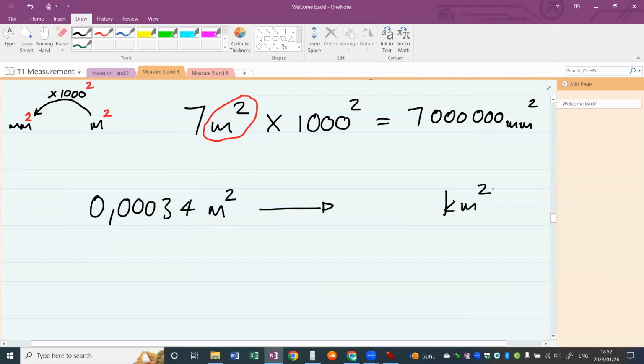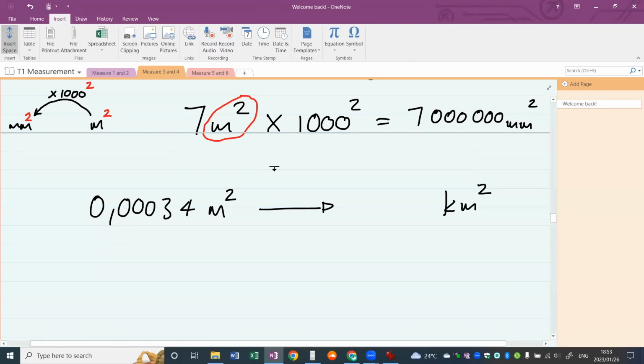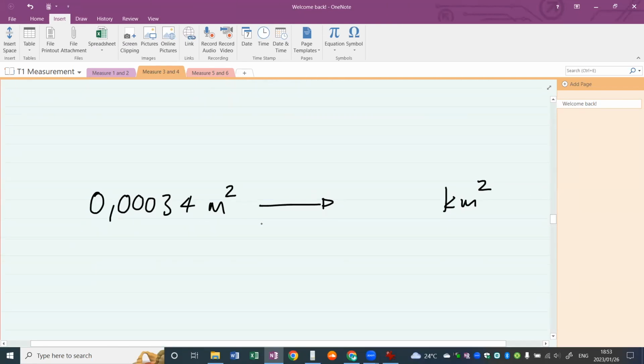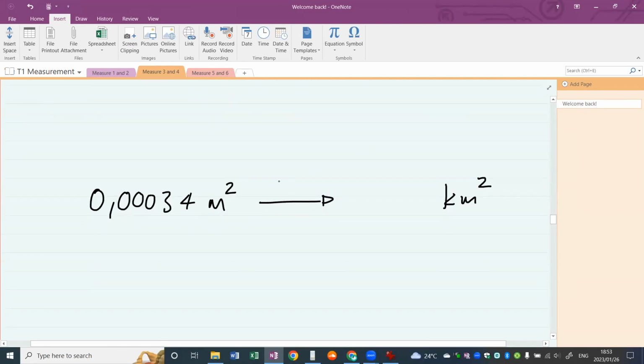Ah, there's a challenge. I want you to convert 0.00034 square meters to square kilometers. I want to see if you can do that. All right, there's the question: 0.00034 square meters in kilometers squared, please.